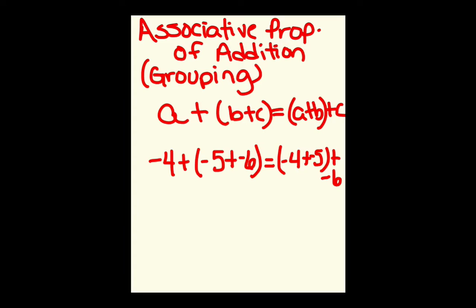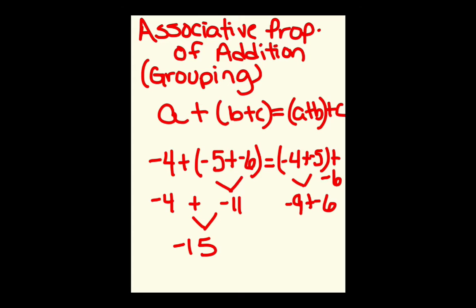Well, let's just check it out and see if it does. -5 plus -6 is -11, plus a -4 equals -15. Let's check it out and see if it's true over here. -4 plus -5 is a -9, plus a -6. Negative plus negative is always negative, no matter what. So a -15 equals a -15.